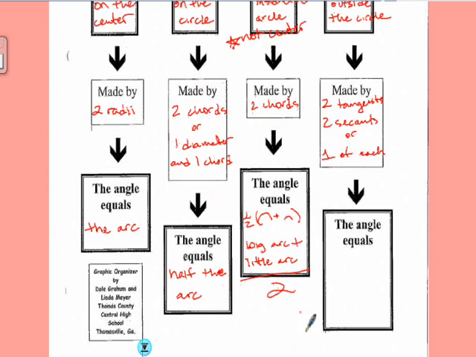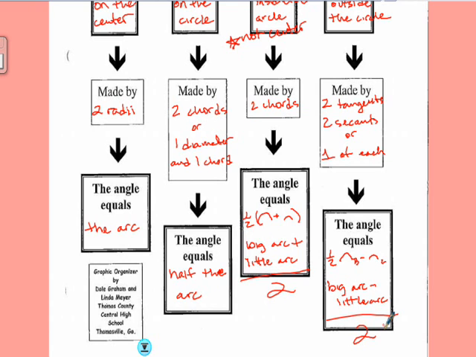And in that situation, the angle equals 1/2 the big arc minus the little arc. Okay? Or if you want to put, like we did earlier, big arc minus little arc all over 2.